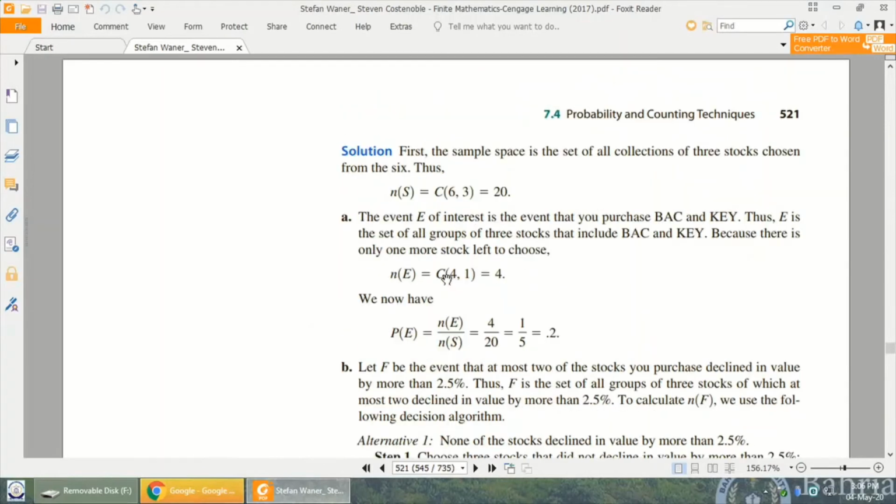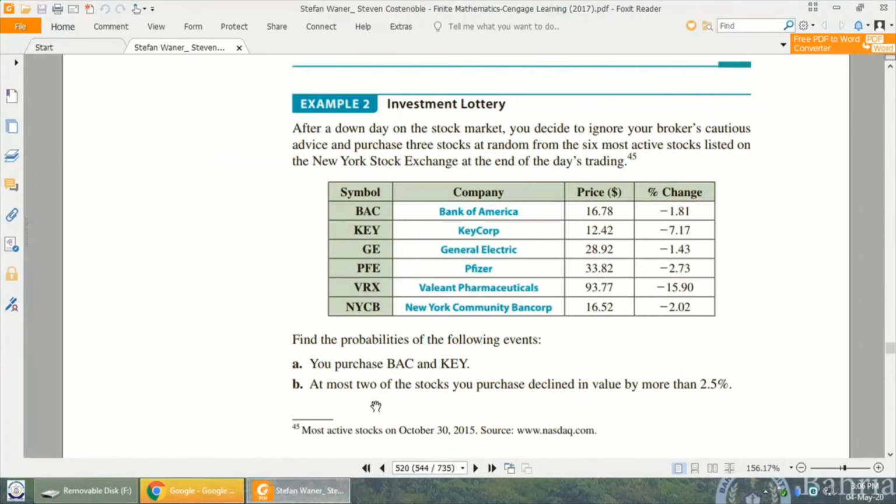Now B part is that you need to select at most 2 of the stocks you purchase decline in value by more than 2.5%. Okay, so first of all, the easiest part is to usually go by the complement approach, which means that for at most you would have the exact opposite as at least. At most is like the maximum, and at least is like the minimum, right?